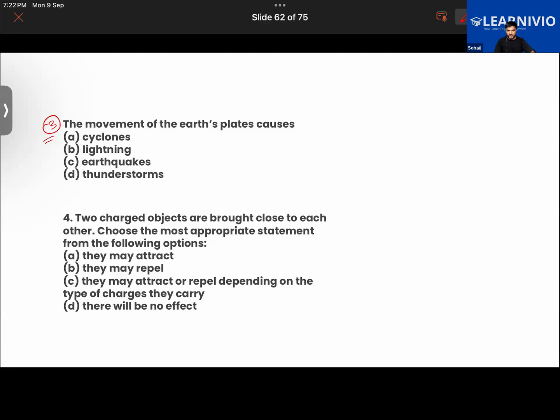Yes, Gauri and Chakrika, that is correct. Alif, what have you answered for the first one? Read the question once again and then answer it. Okay, sir.